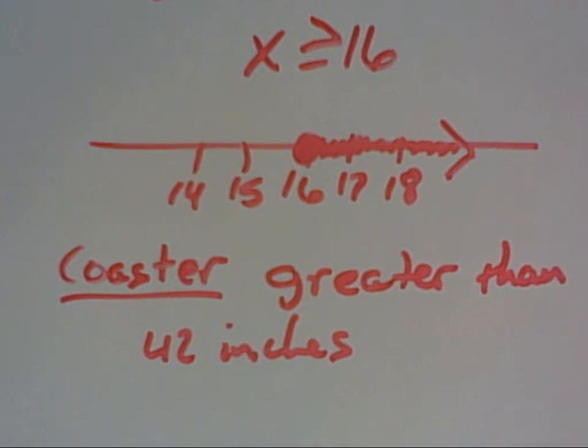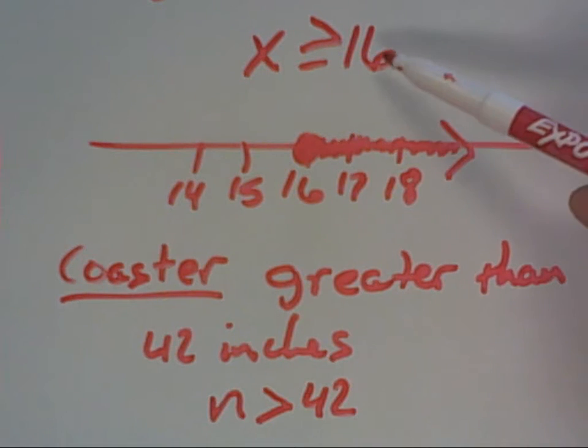Well, if you're 42 inches, that won't cut it. You'll be right at the verge of going on, but this says you have to be greater than 42, so this inequality would look something like this. If n represents the height of anybody that can go, it cannot be equal to 42 inches. Their height has to be greater than 42 inches.